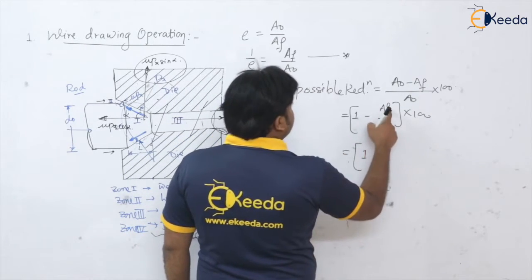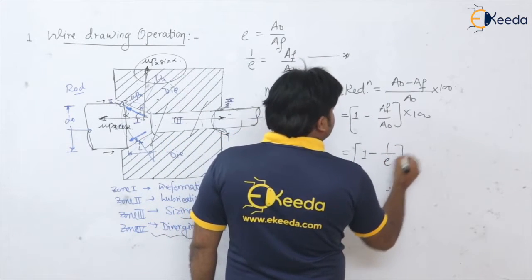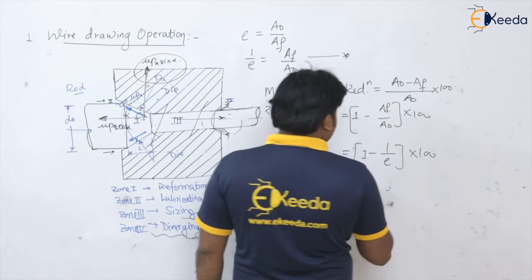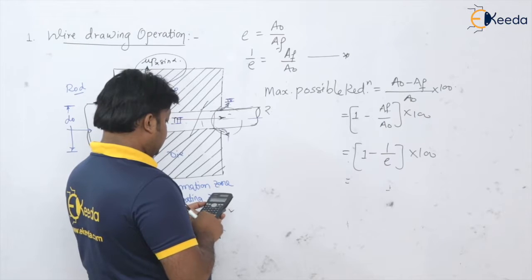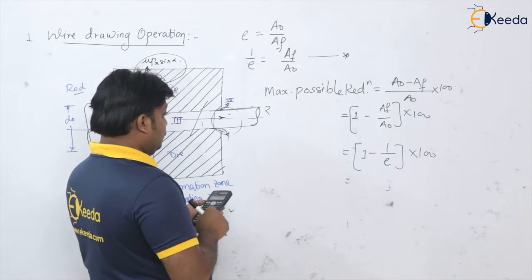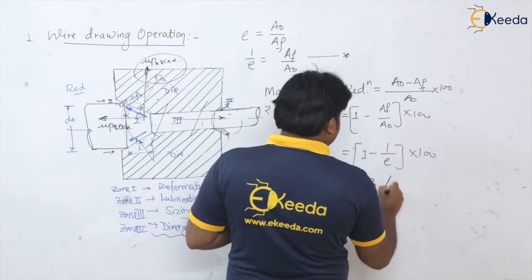So if we solve this, 1 minus, what is A final by A original? It is 1 upon e. 1 minus 1 upon e into 100. Please solve this. So 1 divided by e, then 1 minus the answer. So nearly it is 63%. Okay.